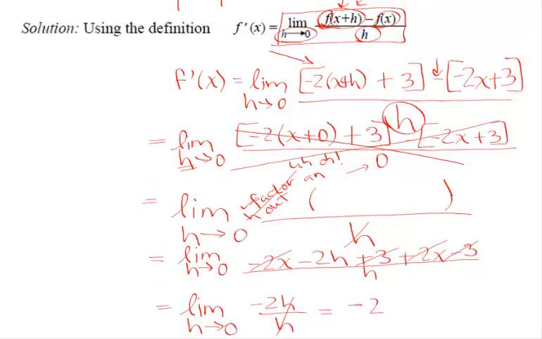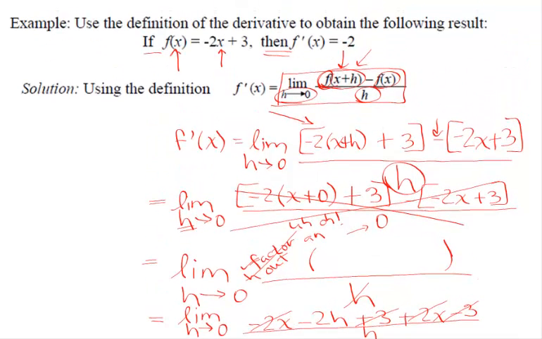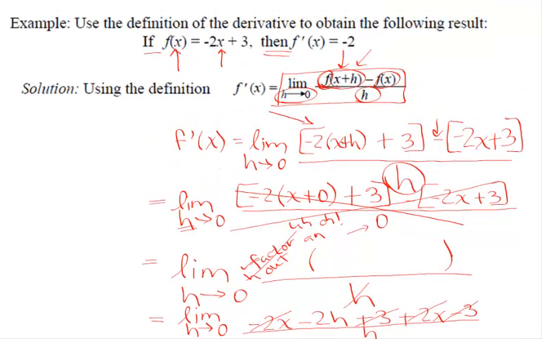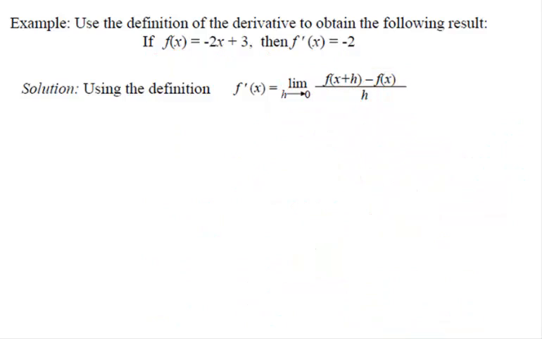Let's look back up at our problem. This says if f of x is negative 2x plus 3, then f prime of x equals negative 2. Look where we wound up. That is f prime of x at every point in the plane. So let's go back to our intuitive understanding of what the derivative is.